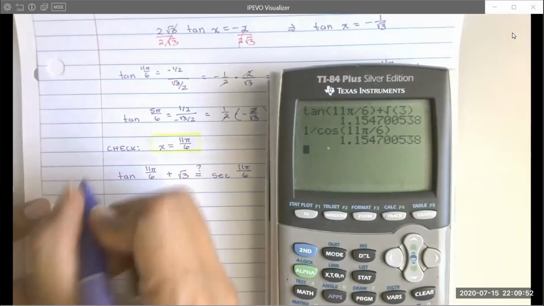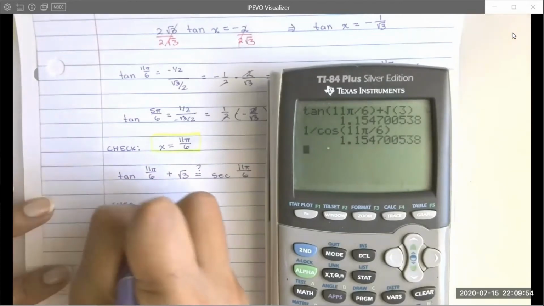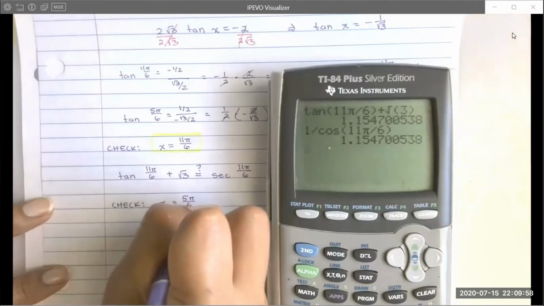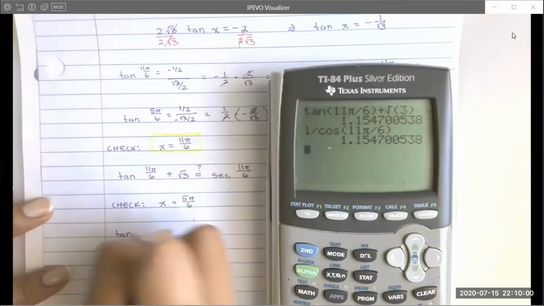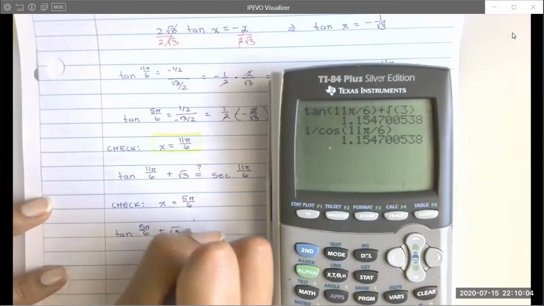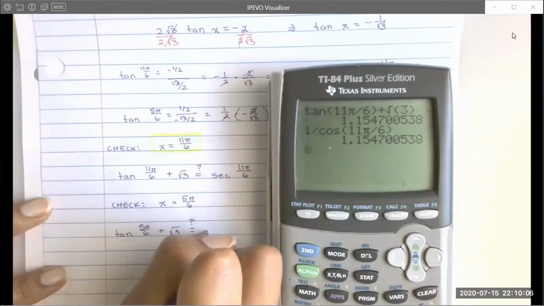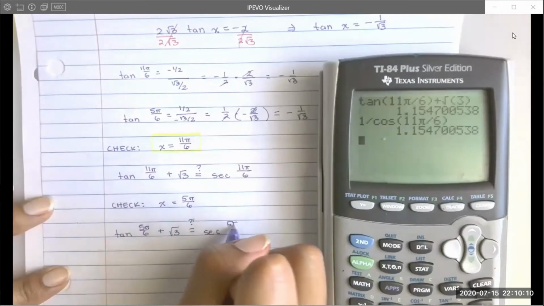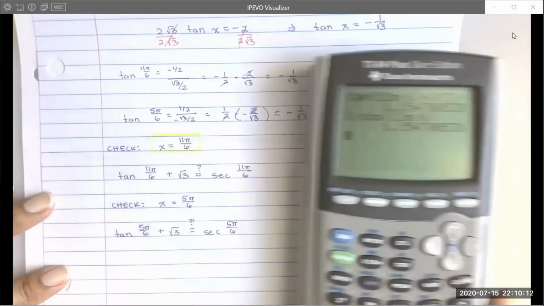The other value that we're checking is x equal to 5 pi over 6. Is it true that tangent of 5 pi over 6 plus radical 3 is equal to secant of 5 pi over 6? Well, let's see.